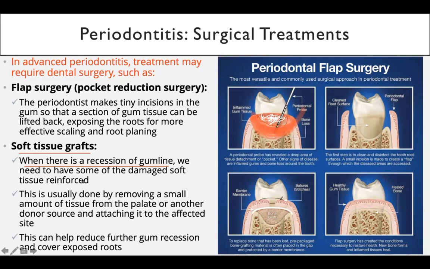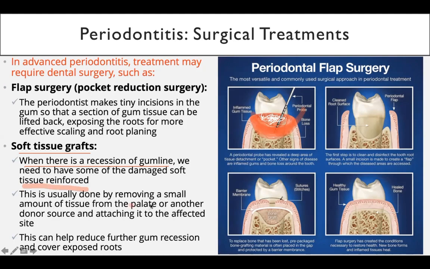Receding gums, we need to have more. So when there is a recession of the gum line, we need to have some of the damaged tissue reinforced. We need to put it back in place. This is usually done by removing a small amount of tissue from the palate or another donor source and attaching it to the affected site. So we are taking a small piece of tissue, mucosal surface, from where?